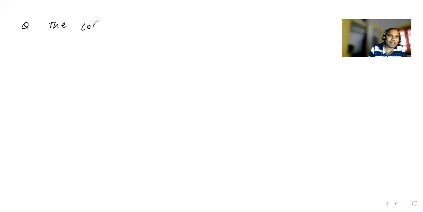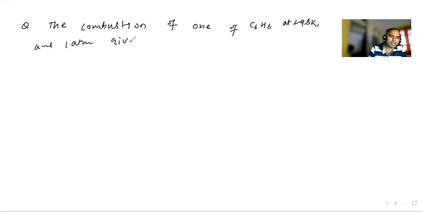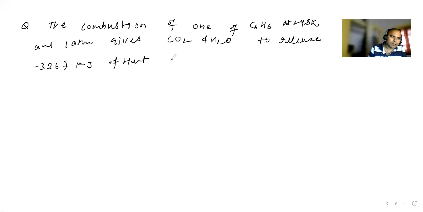I'm writing: the combustion of 1 mole of benzene, C6H6, at 298 Kelvin and 1 atm, gives CO2 and H2O, and releases minus 3267 kilojoule of heat produced.